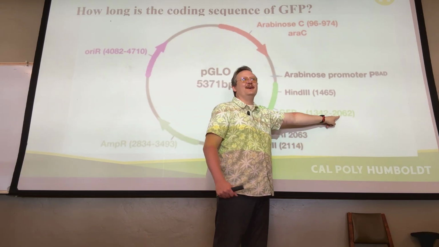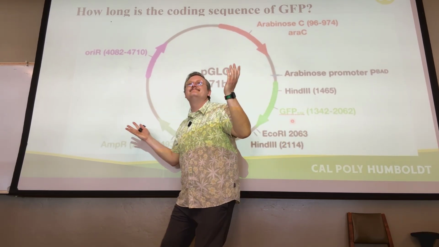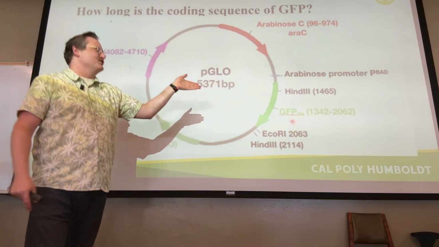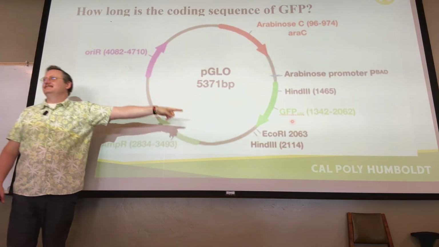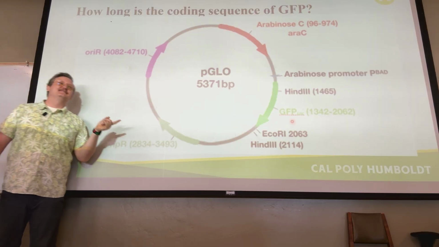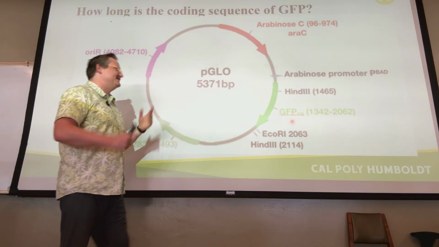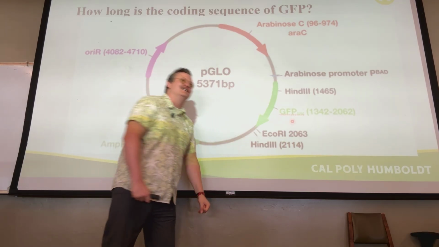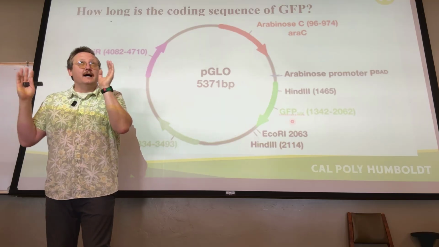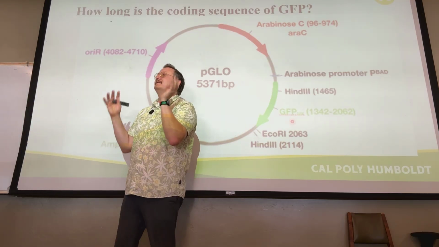You take the end point, you subtract the start point. Nothing wild, right? So I'll just tell you that this is 720 if you do the subtraction there. So if the coding sequence for green fluorescent protein is 720 base pairs long, then how many amino acids long is green fluorescent protein?